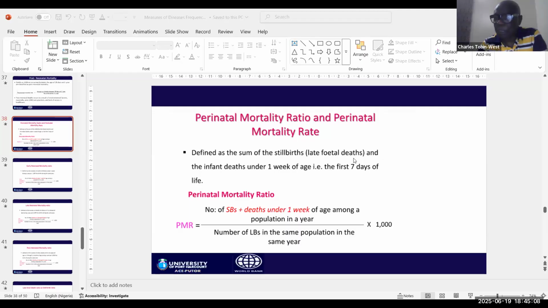Sorry, just repeat. The question is, how can the spectrum of health and disease, which you just explained, be applied to strengthen early detection and prevention? Spectrum of disease is just saying that a lot of diseases are unrecognized. Some are mild, some are very severe and complicated.